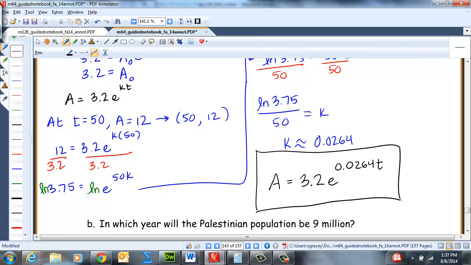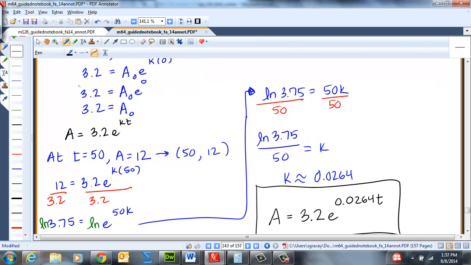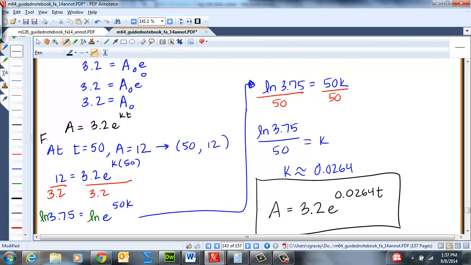Okay? So let's talk about what we did. We needed to find A0, that was step 1. Then step 2, we needed to find k.